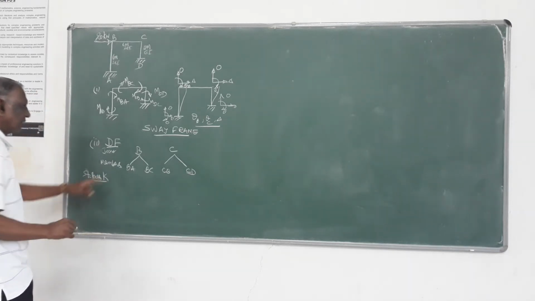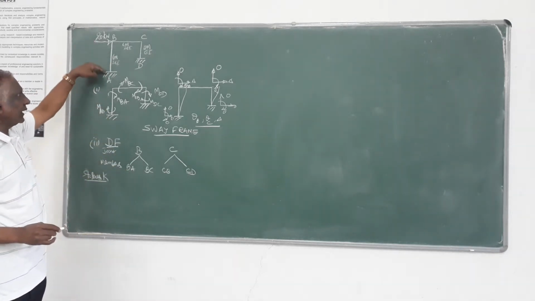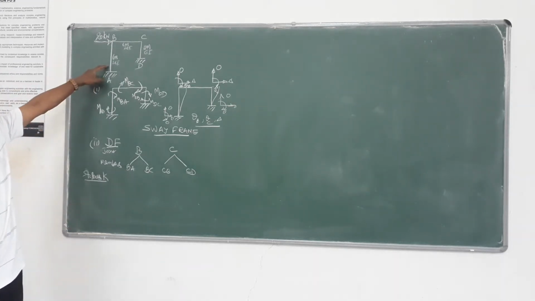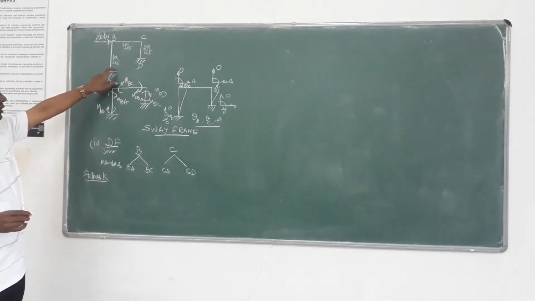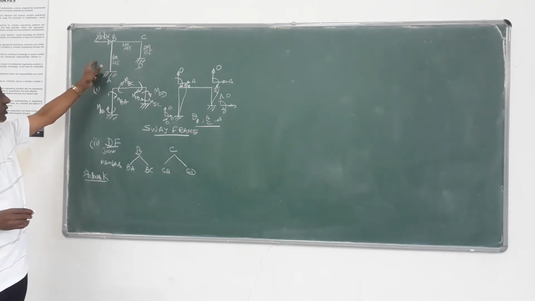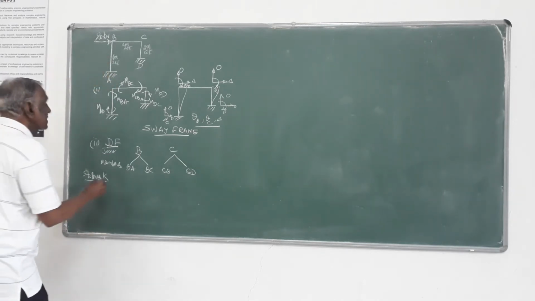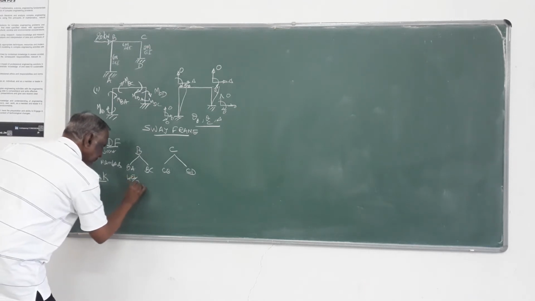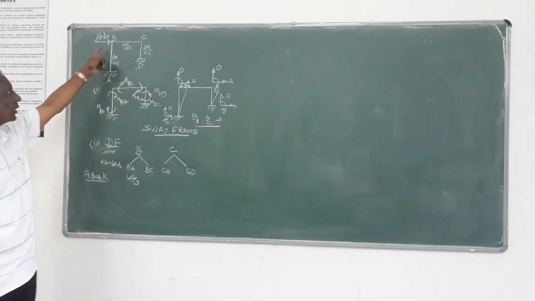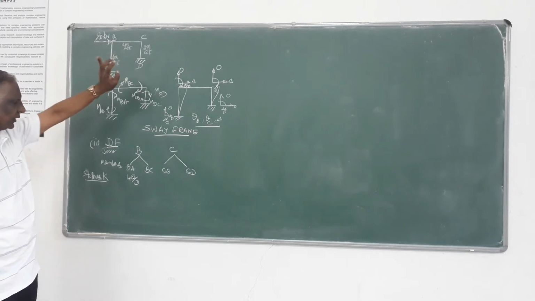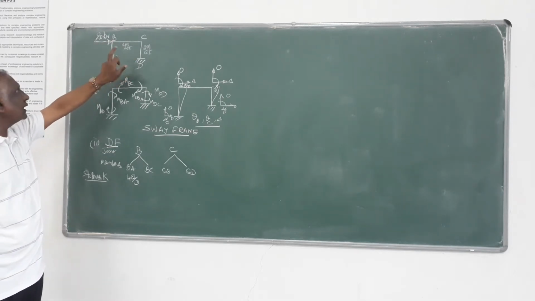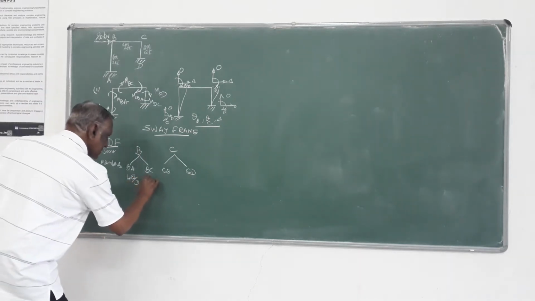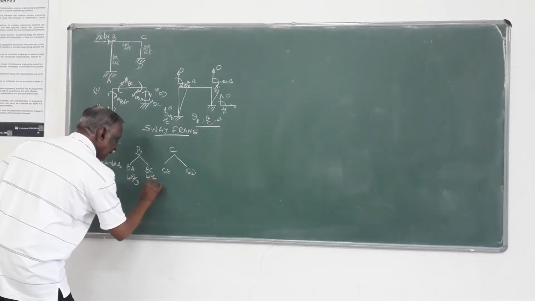You know for member BA, one end is fixed, the other continuous, so stiffness will be 4EI by L. With 4EI as 2EI, so it is 8EI by 6, which is 4EI by 3. Similarly for BC, both ends are continuous, it is 4EI by L, that is 8EI by 6, which is 4EI by 3.